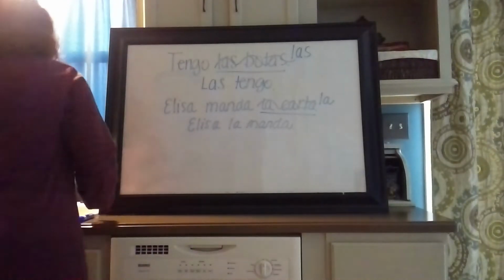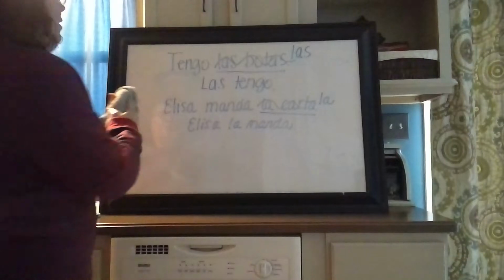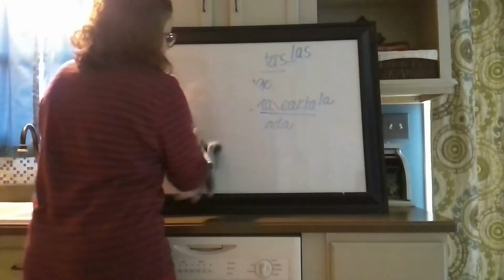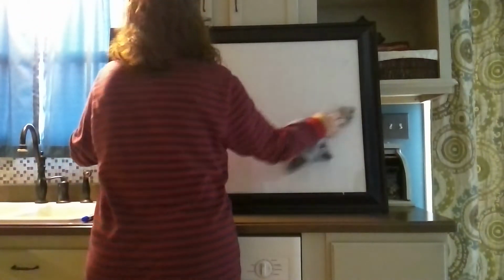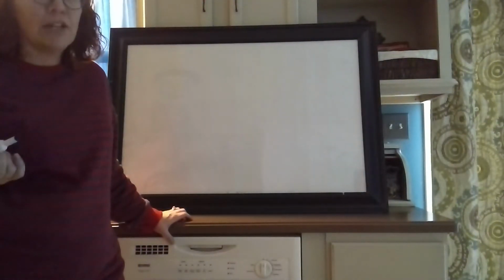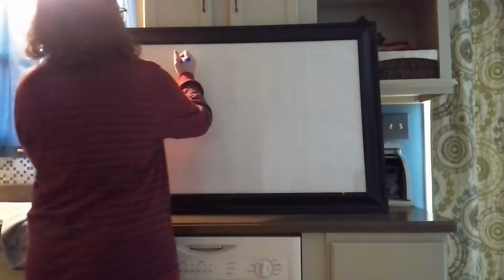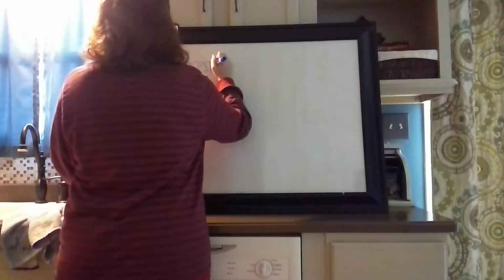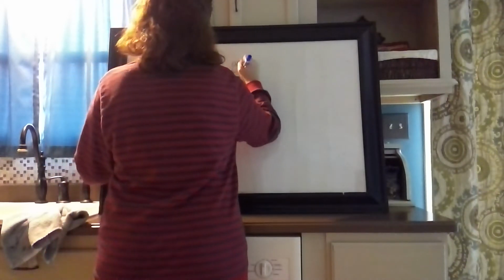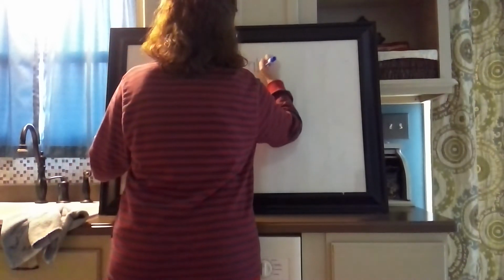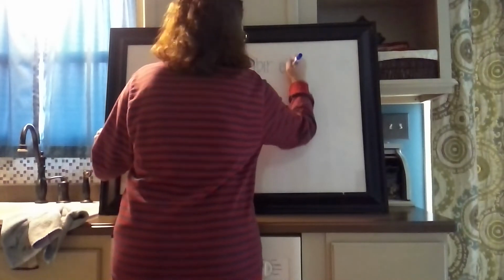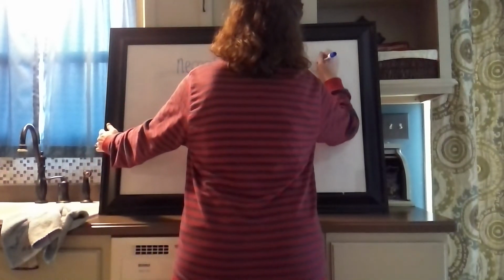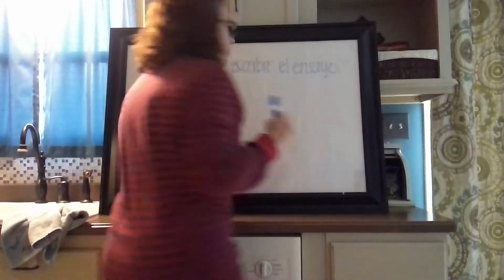Now remember though, we have 2 rules for pronoun placement. All we've been doing so far is rule number 1, before the conjugated. Let's do a couple of practice sentences using rule number 2, attached to the infinitive. Hopefully you can see that.